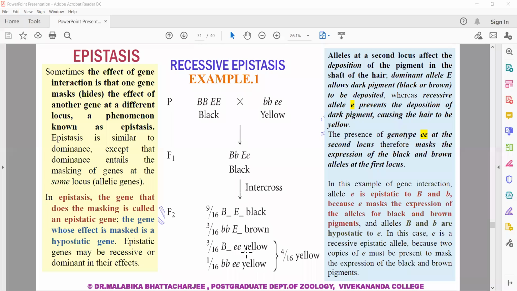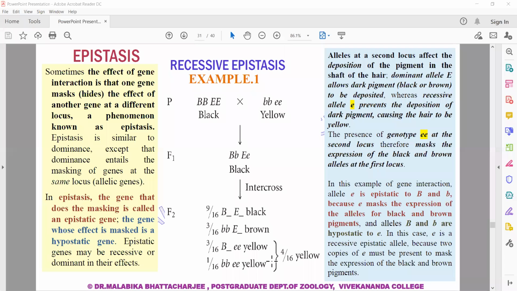But when we have small e, as I said, small e is unable to deposit any kind of pigment on the hair shaft. So if there is a capital B or a small b, it's irrelevant. Small e will not deposit either the black pigment or the brown pigment, as a result of which we get yellow colors in these two categories.